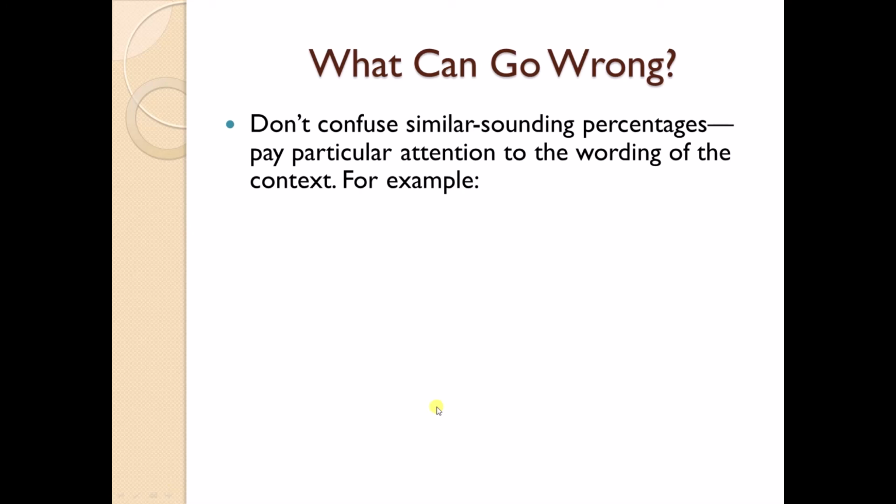So what can go wrong? When you've got these conditional situations, you've got to pay attention to what the condition is. So don't confuse similar sounding percentages. Pay particular attention to the wording of the context. For example, what percentage of the seniors are males? You're only going to be looking at seniors, and you're going to find out of however many of those were male, and that'll give you some sort of percentage.